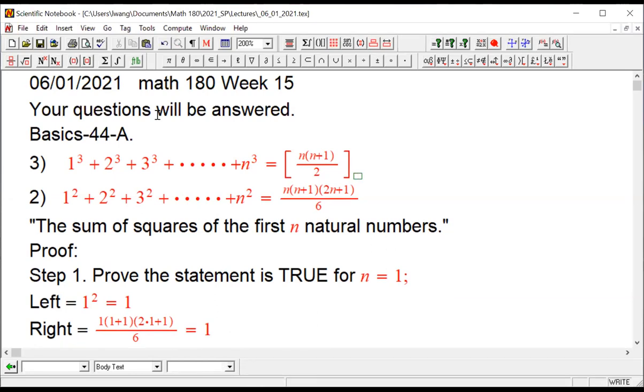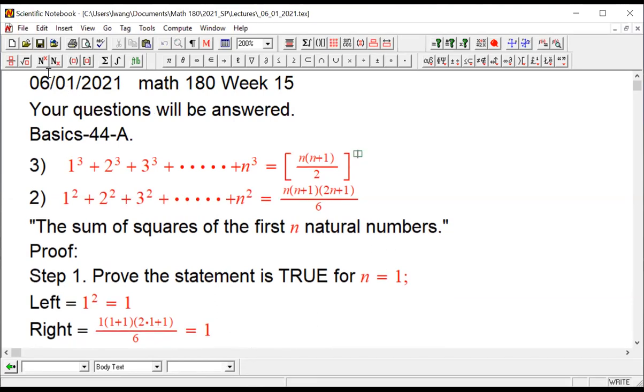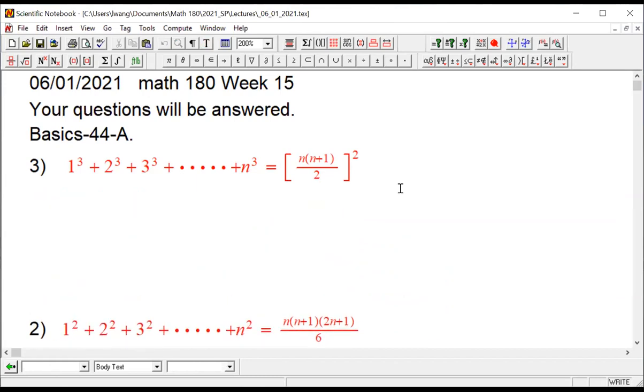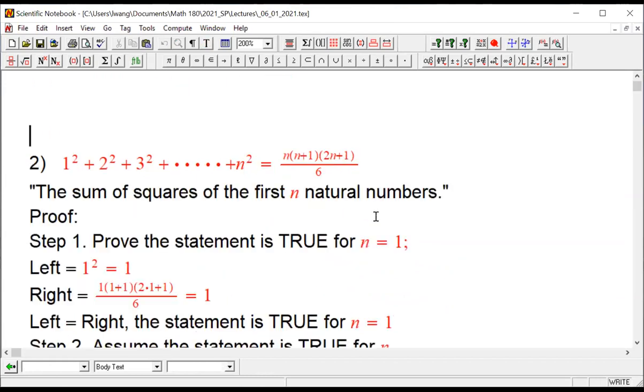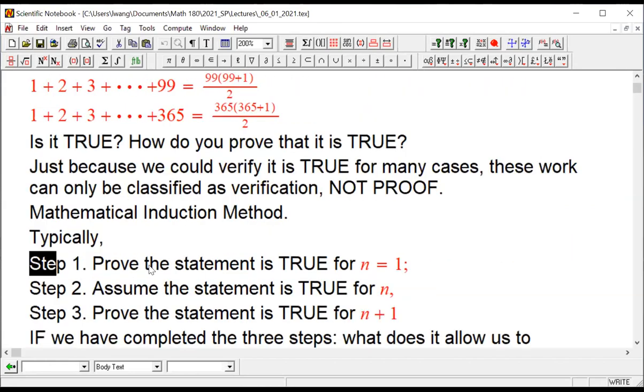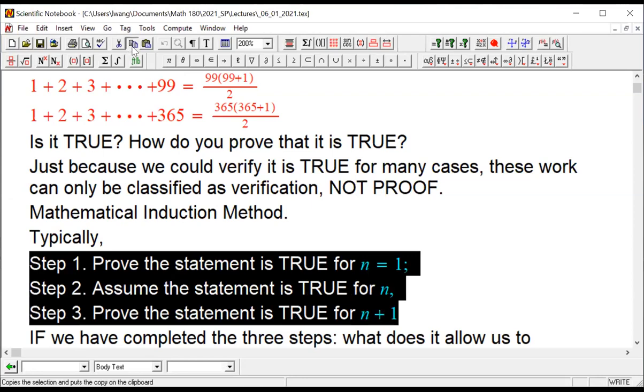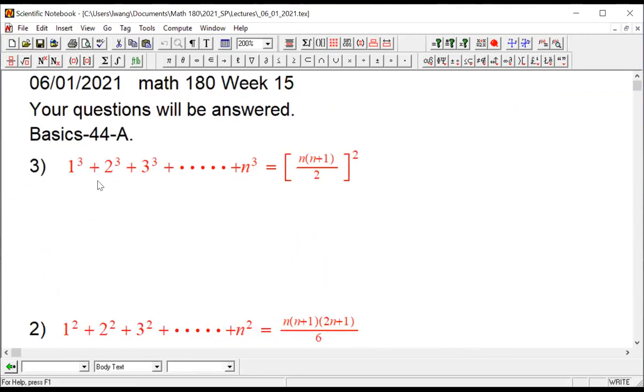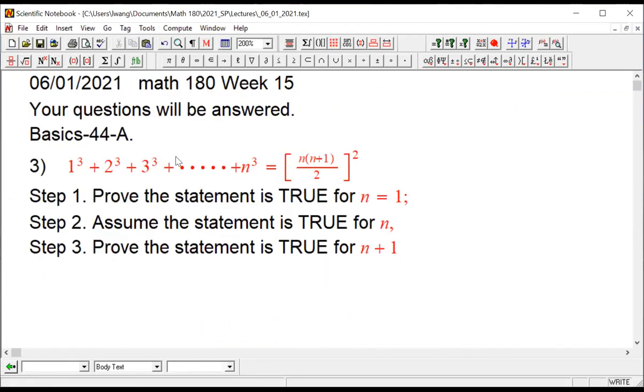Still the same 3 steps. And this time I want you guys to take the lead, right the way I recommended, right the way I did.